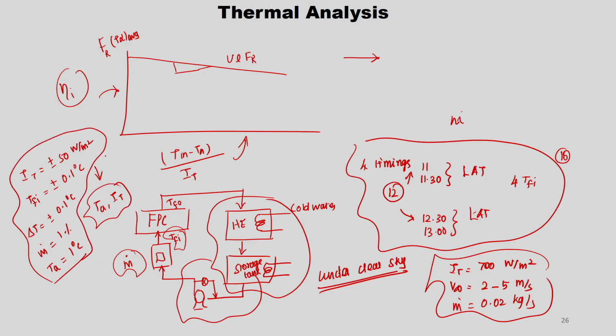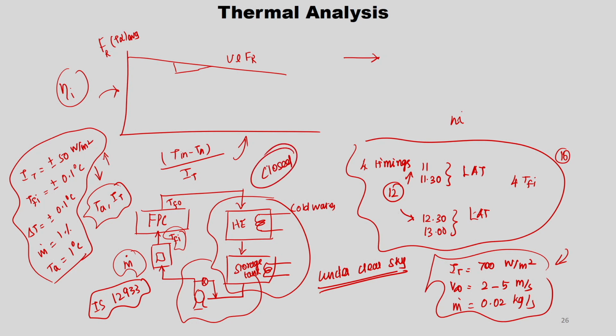So, by keeping these error values in mind and by keeping at least this around I_T, V infinity, m dot, this performance test has to be performed. This is based on the Indian standard 12933.